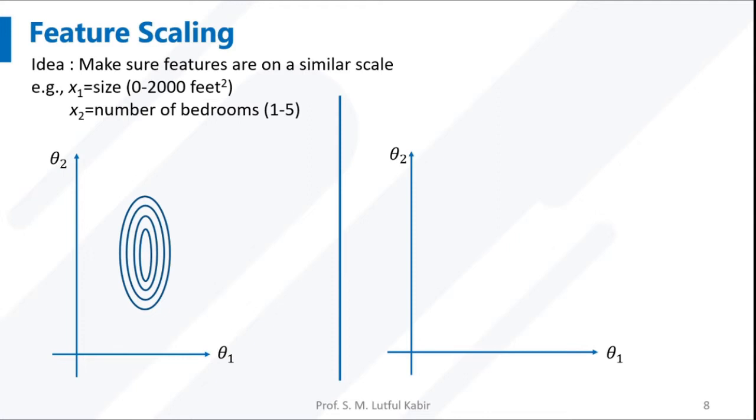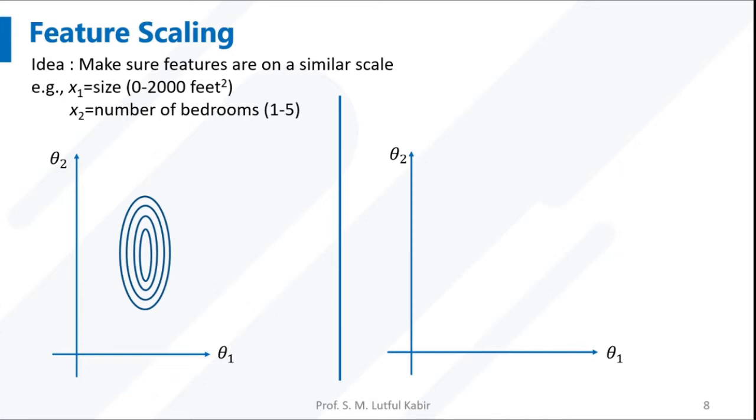In the case of x1, x2, two variables, the contour diagram will look like this one. This is a steep shape contour diagram, a skinny pattern, and this will happen because the range of values is different. In the theta 1 axis, you can see the values of theta 1 advance only a little bit because x1 is very high and x2 is small.